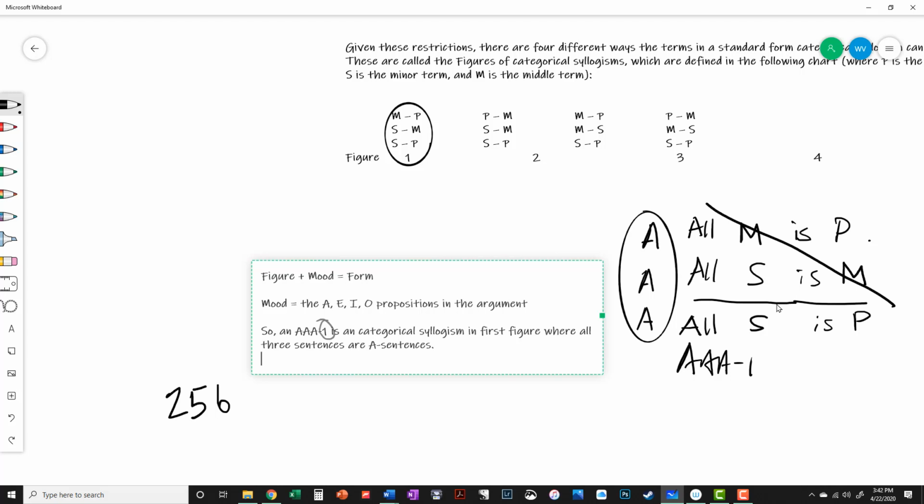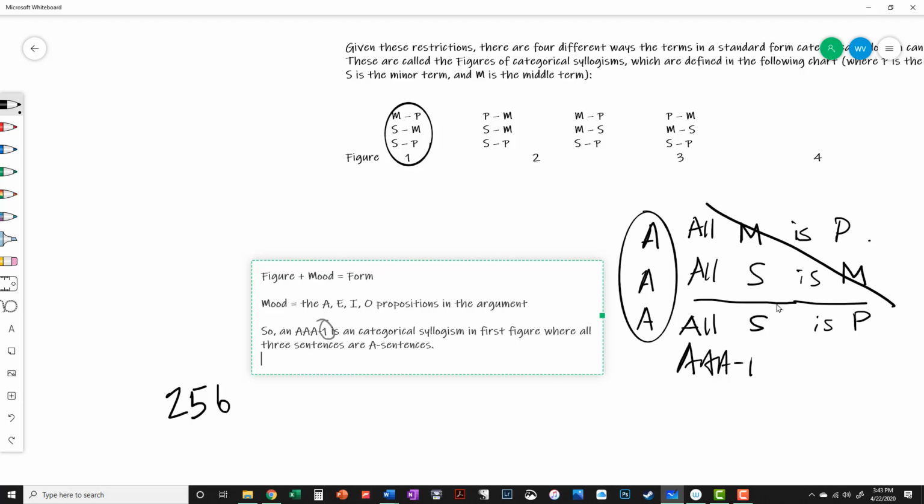Because you can then substitute into the place of S, P, and M pretty much anything that stands for a class of objects. But whatever your standard form categorical syllogism is, it's going to have one of these 256 forms.